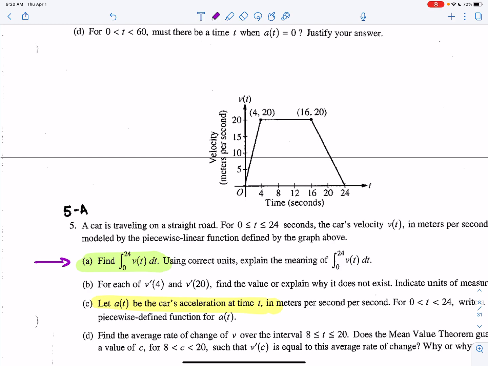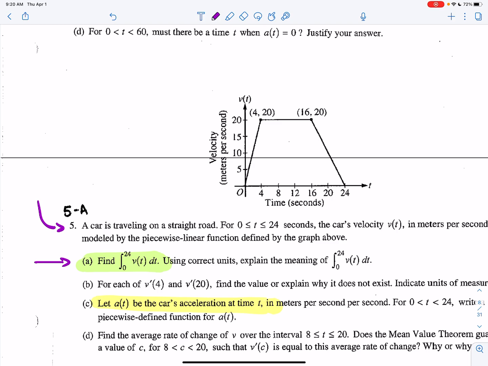When you're integrating v, and this is the graph of v, don't forget that integrating means that you're finding the area. Notice how you can't use a calculator here. It's number 5, not calculator active. But you do understand that integrating means finding the area under the curve.